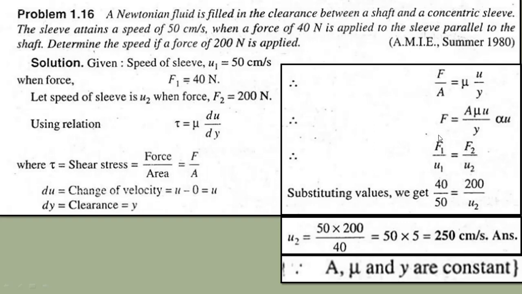This equation we will get. So F divided by u is constant, meaning F1 divided by u1 is equal to F2 divided by u2, equal to Fn divided by un, for n number of forces. So we'll get an algebraic equation, and substituting values we will get u2.